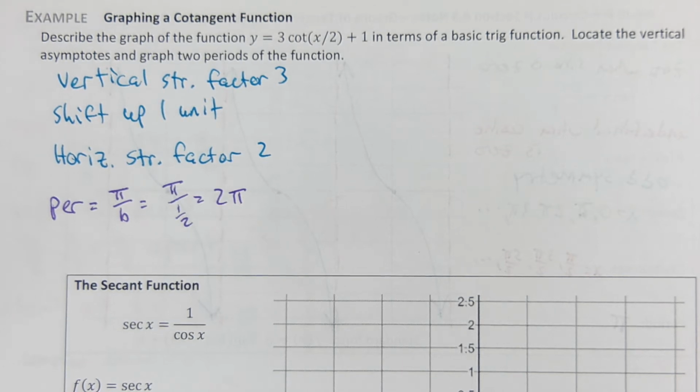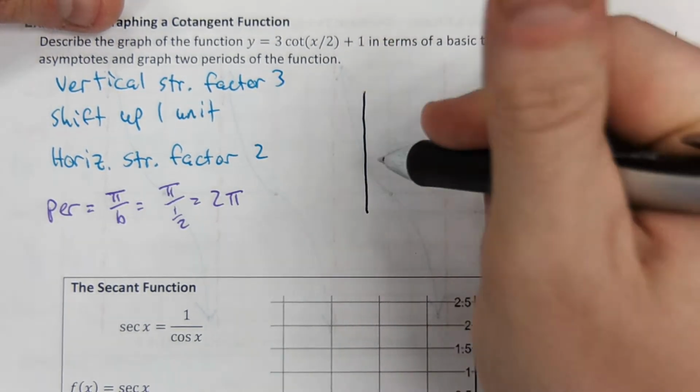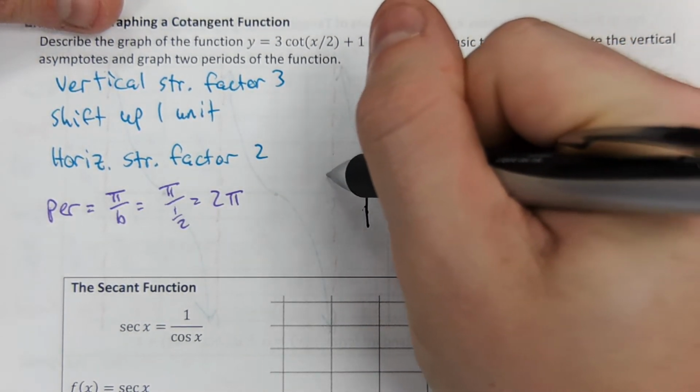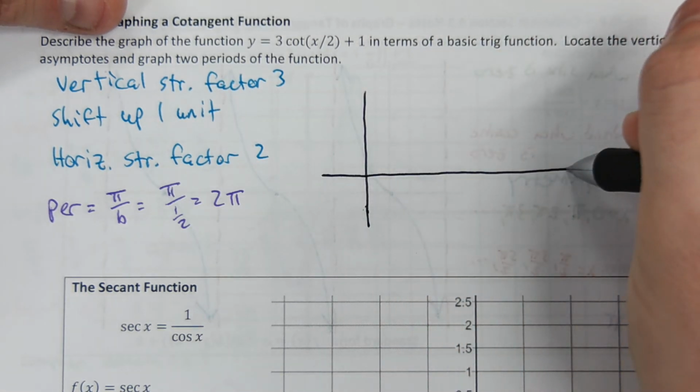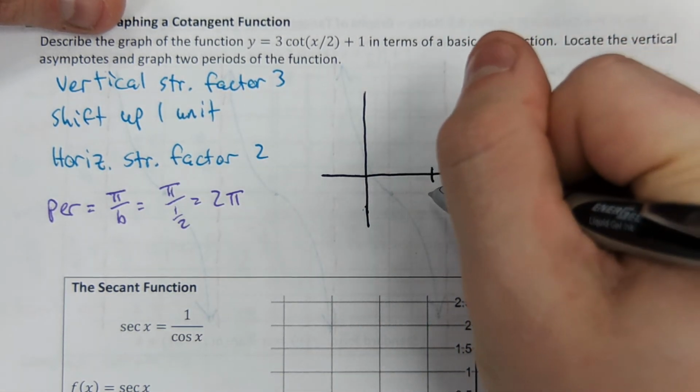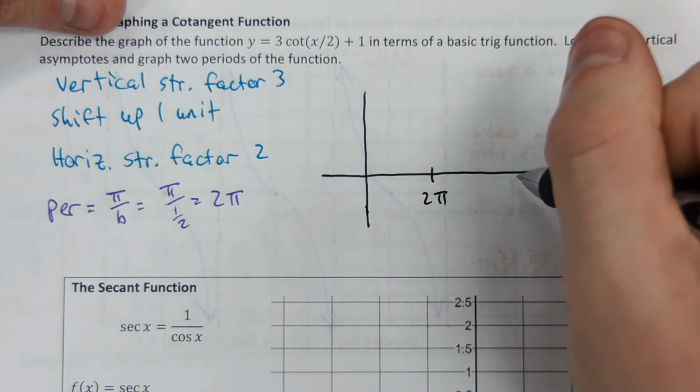Cotangent is cosine over sine. So every time sine is 0, I'm undefined. Ooh, sine is 0 at 0. So this graph's first vertical asymptote is the y-axis when x equals 0. And the next one will be every 2 pi away from there. And that is how we'll figure that out. So let's put an asymptote there and an asymptote here.